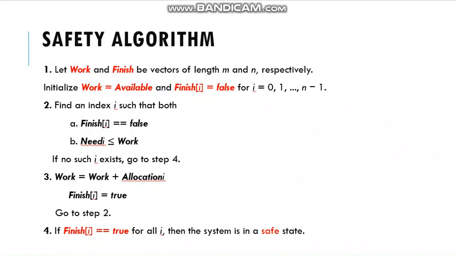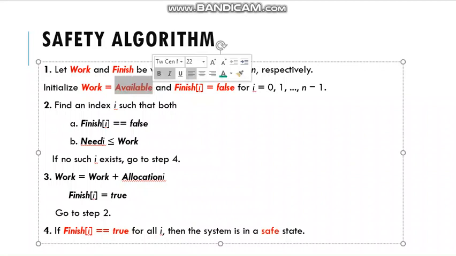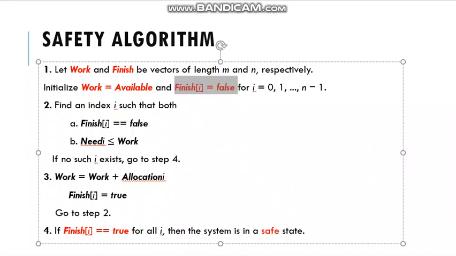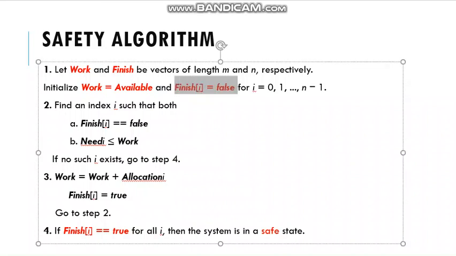First there are Work and Finish. Work is nothing but the available resources, and Finish is nothing but whether that process finished its task or not. Initially we take the available resources into Work, and all the processes are initialized with false, meaning they have not finished at all.